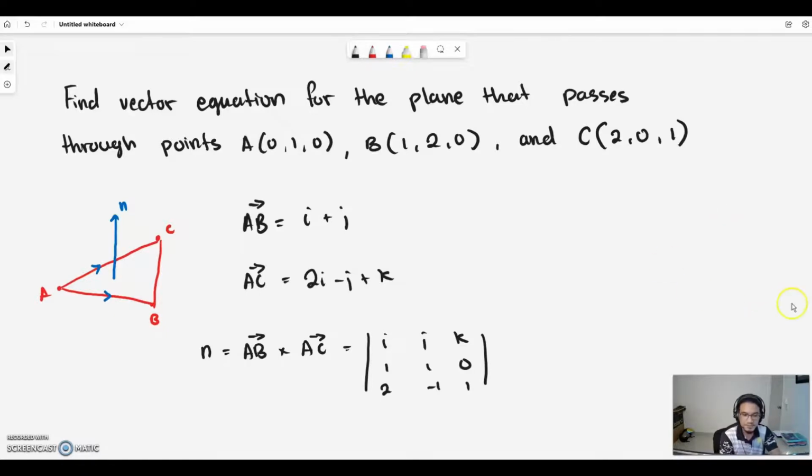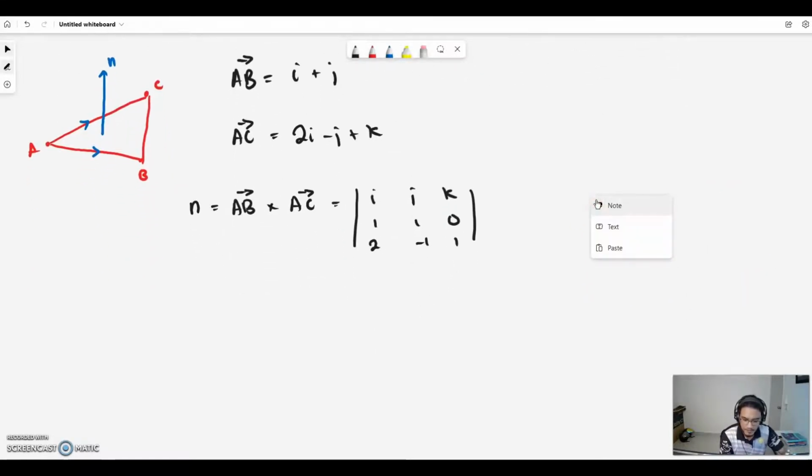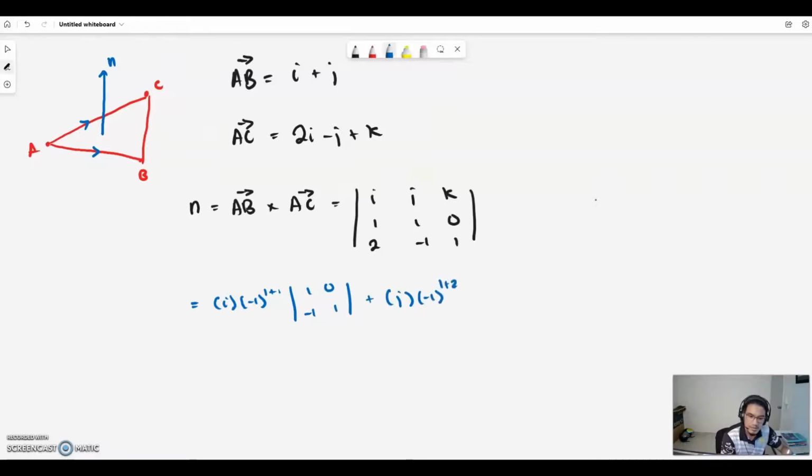and 2, negative 1, 1. So it will be equal to i times (1 times 1 minus 0), minus j times (1 times 1 minus 0), plus k times (negative 1 minus 2).